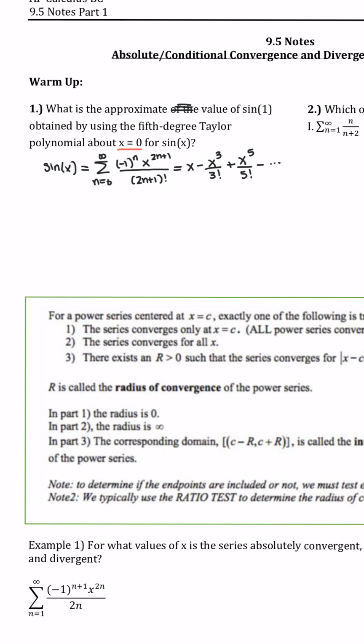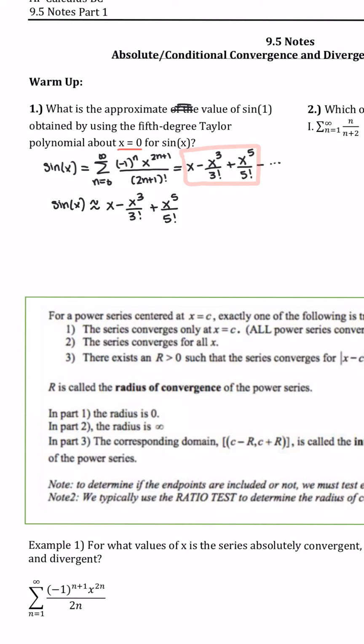But here I can see is my fifth degree Taylor polynomial. So I know sine of x is approximately equal to x minus x cubed over 3 factorial plus x to the fifth over 5 factorial.